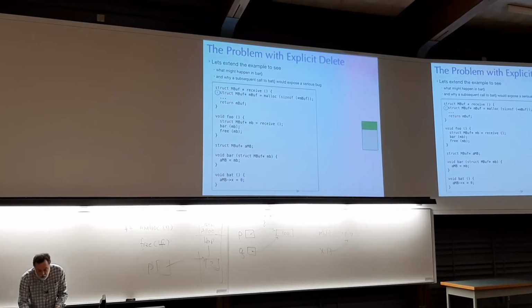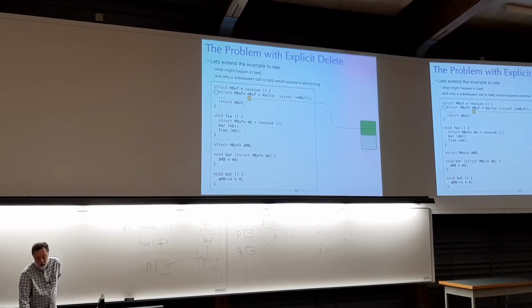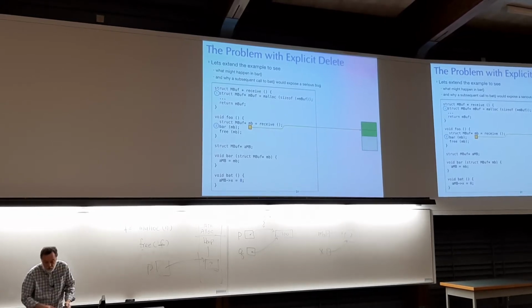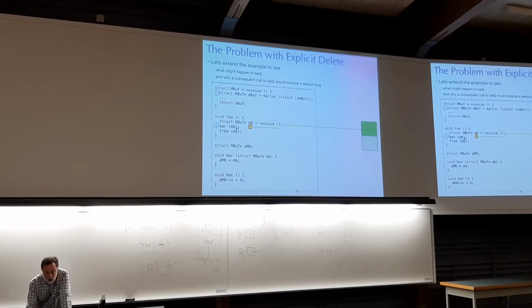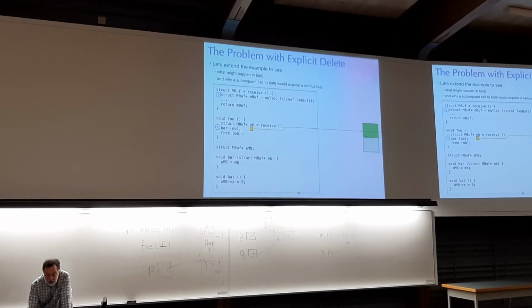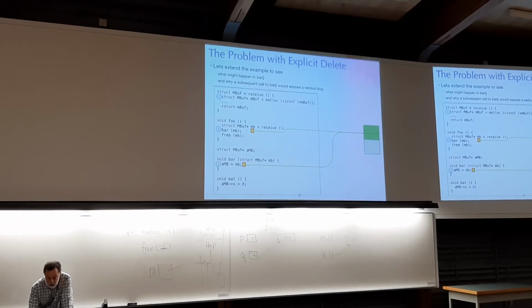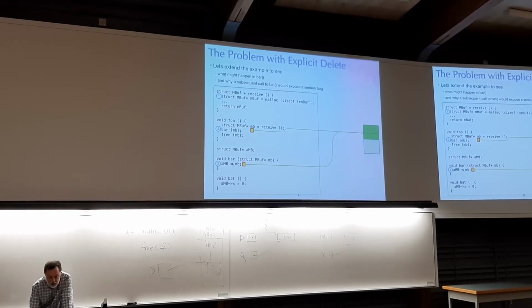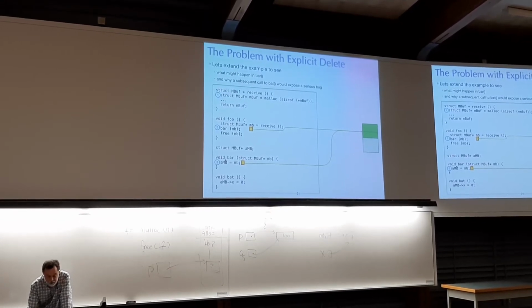So the problem here is illustrated by that complicated example, where I now have at step 2, bar has a pointer to something that's been allocated. And foo does, and then bar saves this in a global variable.